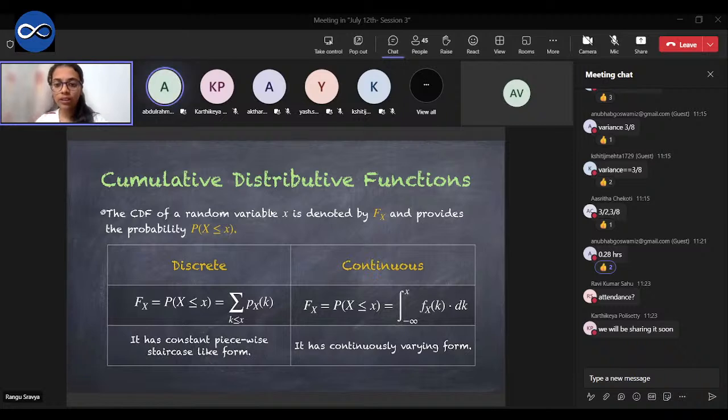So the integral from minus infinity to x of f_X(k) dk. For discrete, this CDF is a constant piecewise staircase form. It looks like that if you plot it. And for continuous, it is a continuously varying form.